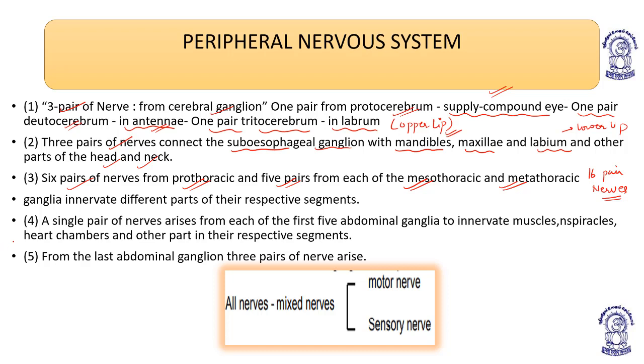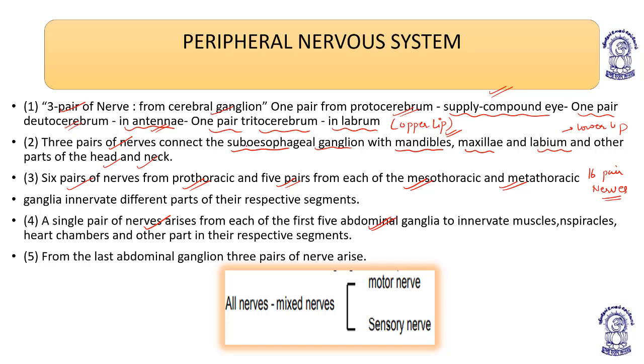Now a single pair of nerves arises from each of the first five abdominal ganglia. Each abdominal ganglion, present on the five segments, gives out a nerve.